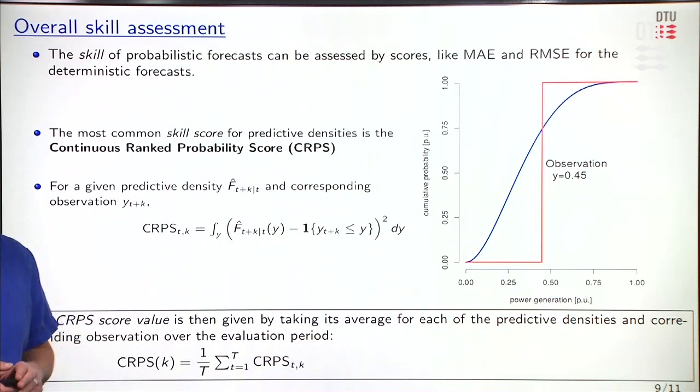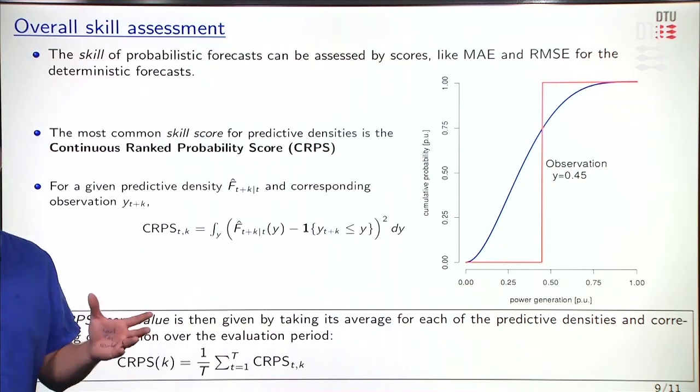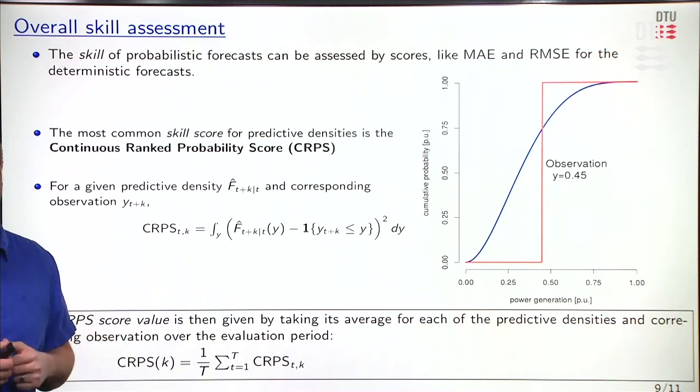However, this value of the CRPS is for a given pair of probabilistic forecast and observation. Now we have a lot of those. We need to calculate these CRPS values for each and every forecast-observation pair, and then we can calculate statistics as we did for MAE and RMSE.